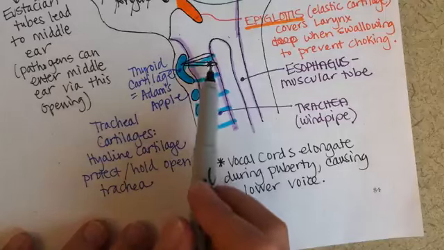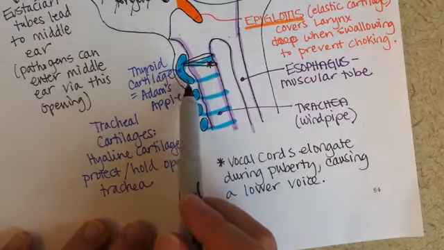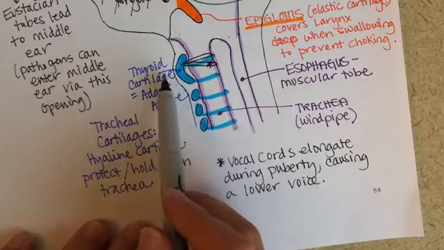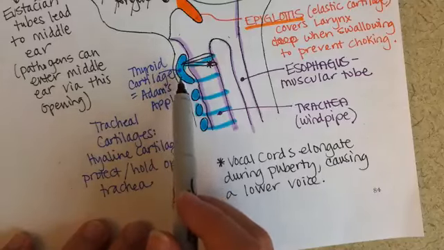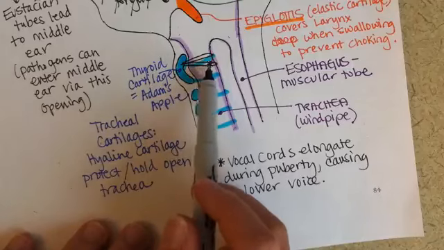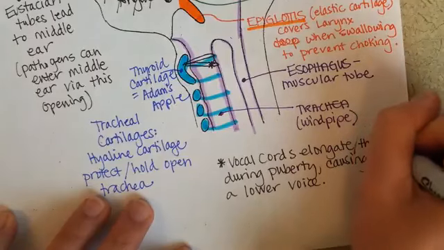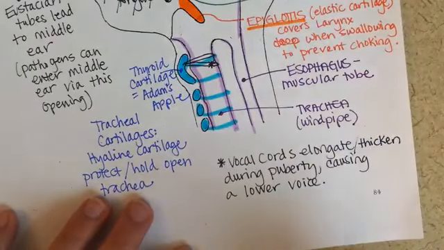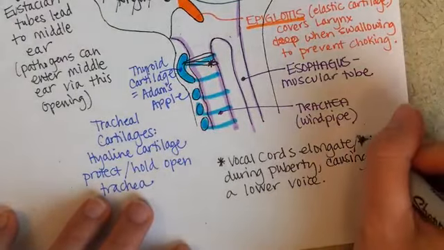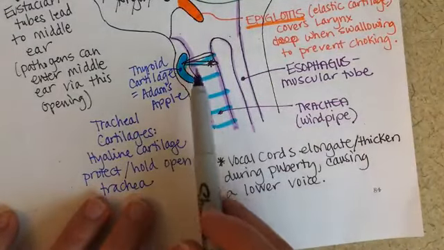You can see here, these are the vocal cords, and as they elongate, the Adam's apple cartilage is growing too. And so men, of course, tend to have a lower voice and a more prominent thyroid cartilage, and their vocal cords are longer and thicker. If you think of the strings on a guitar, the thickest strings cause the lowest tone, and it's the same way with our vocal cords.